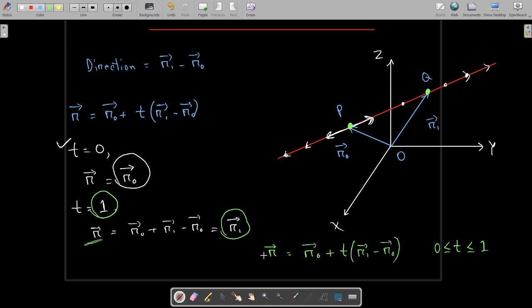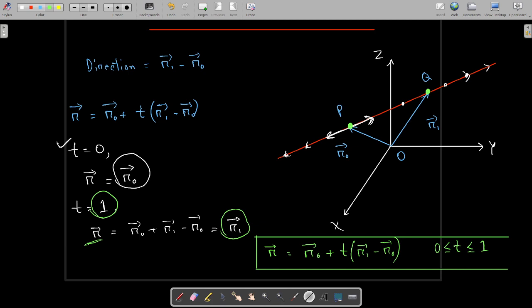So this is the final equation of the PQ line segment under the condition of this. So this condition is very important, you have to remember it.